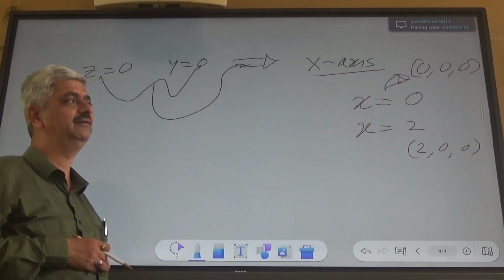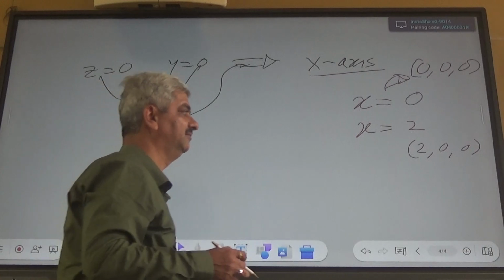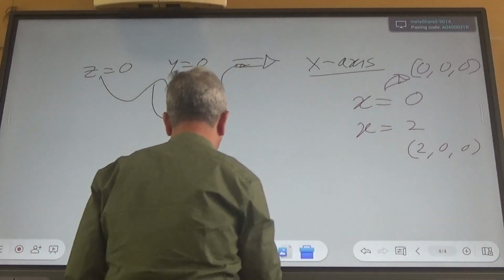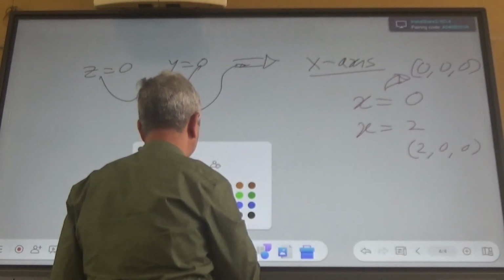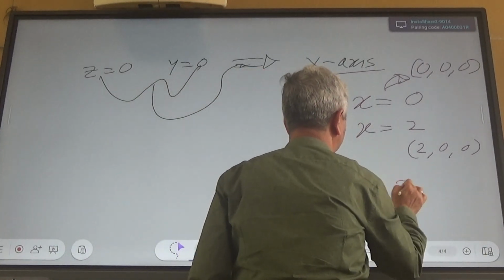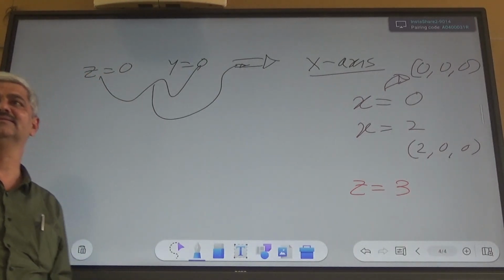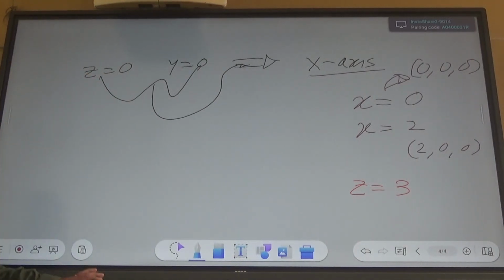आता Z equal to 3 काय होईल? Z equal to 3.